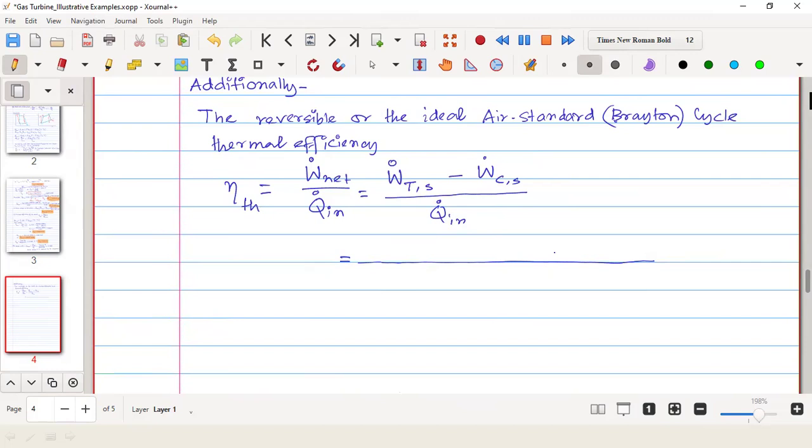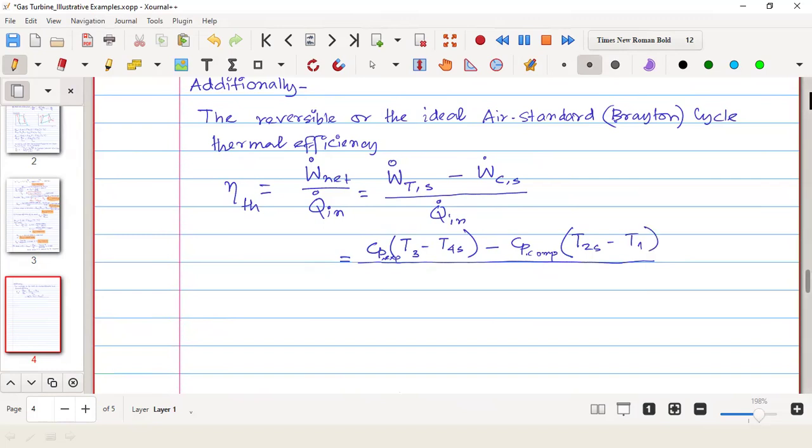Now here we will be writing only Cp into delta T. So delta T for the turbine is T3 minus T4s, multiplied by Cp for expansion, minus Cp into T2s minus T1 for compression.